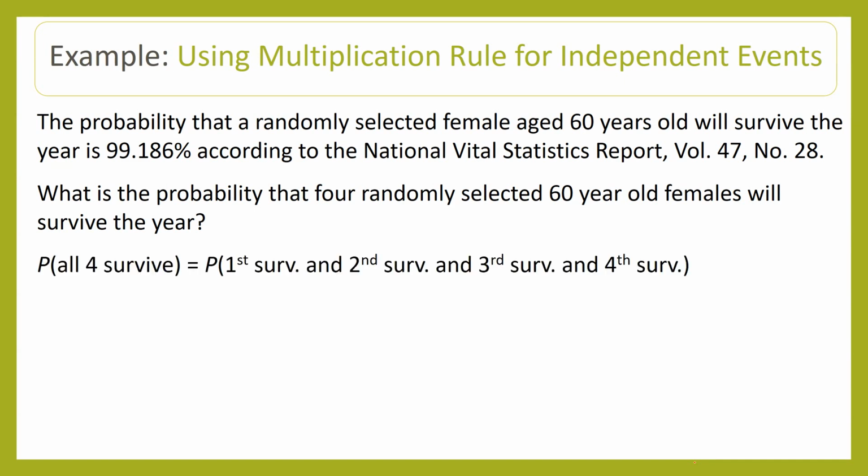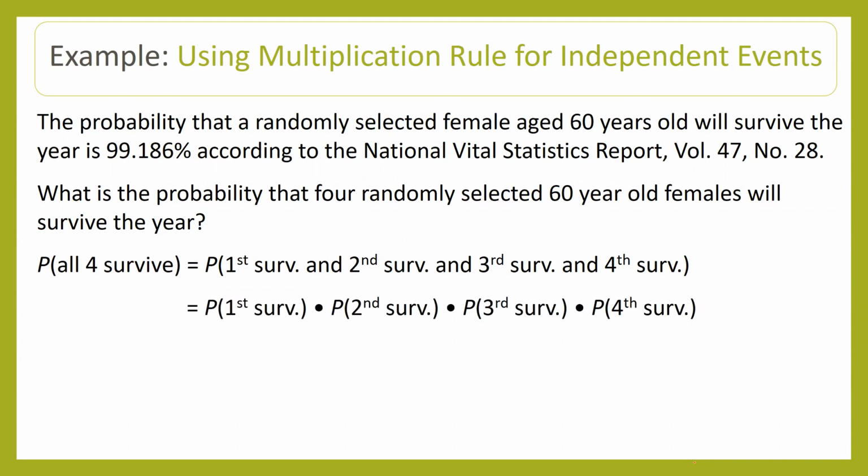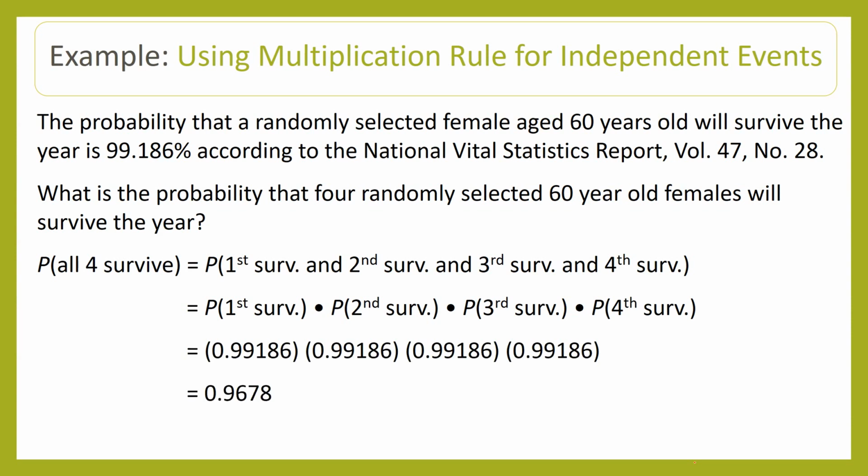The same rule: the probability that all 4 survive is the probability that the first survives, and the second survives, and the third survives, and the fourth survives. All we do is multiply each probability. Remember that the probability of anyone surviving is 0.99186. So we multiply this over 4 places, and that gives us 0.9678.